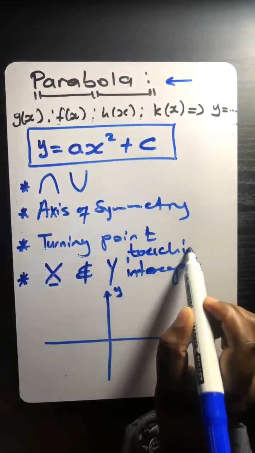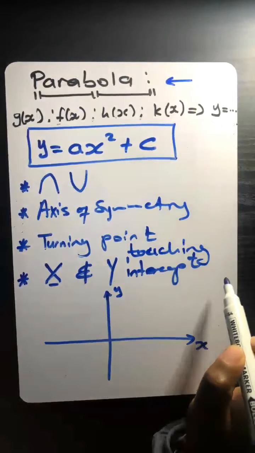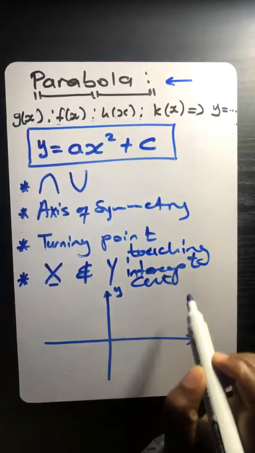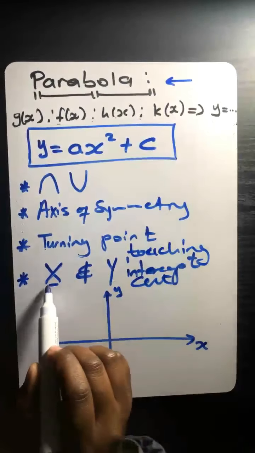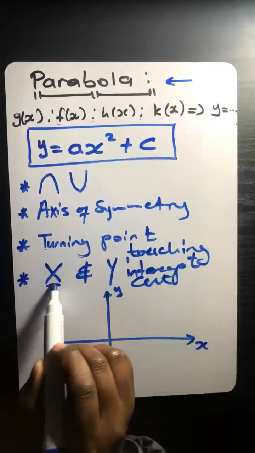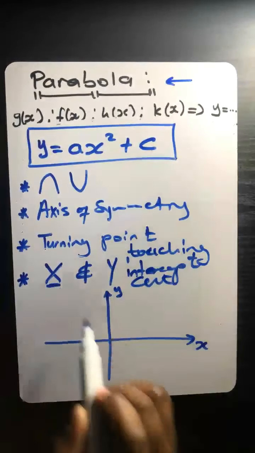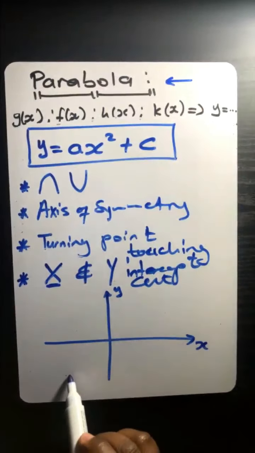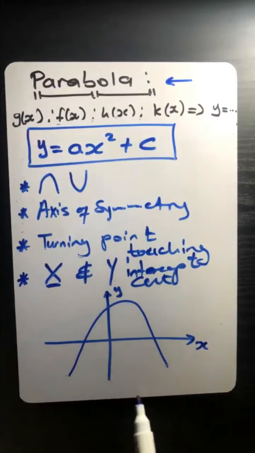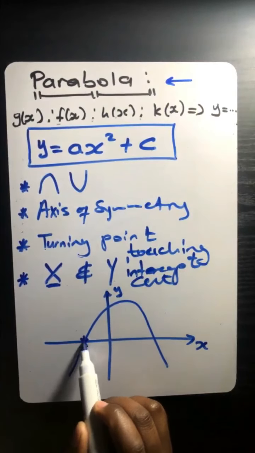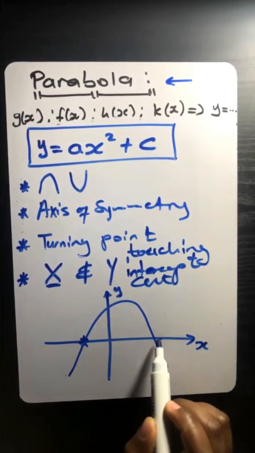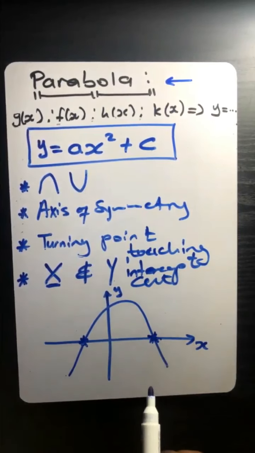Intercepts, let's say maybe touching, or maybe where it cuts. So that means a parabola can have the x cut, or it can touch the x axis. So for a parabola similar to that, can you see it touches the x intercepts there and there?